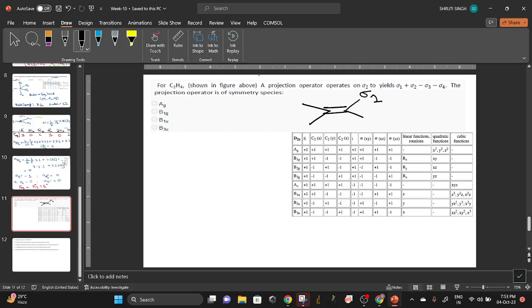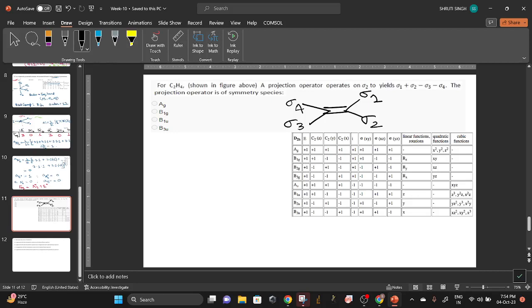Sigma 1, sigma 2, sigma 3, sigma 4. A projection operator operates on sigma 2 to yield sigma 1 plus sigma 2 minus sigma 3 minus sigma 4. So the projection operator is of which symmetry? The question is asking what is the symmetry of the projection operator.